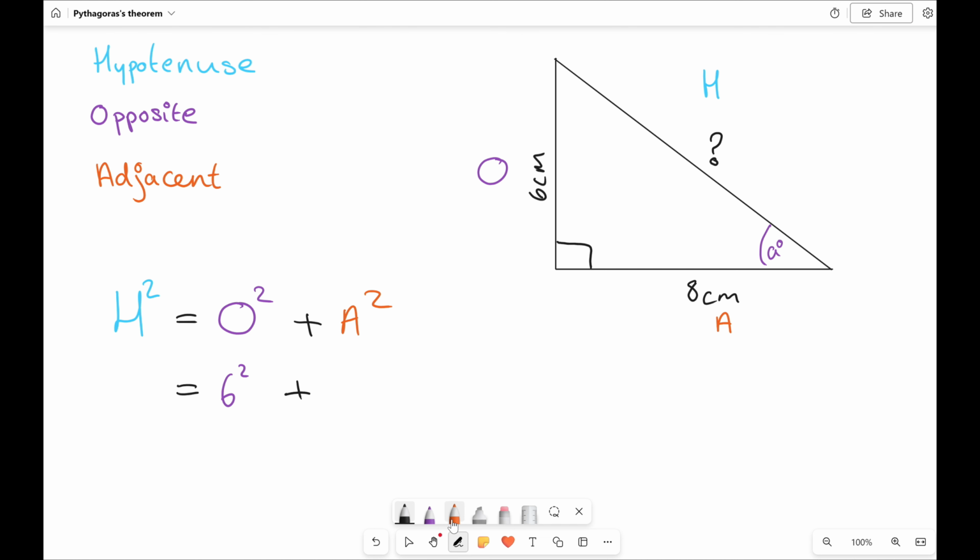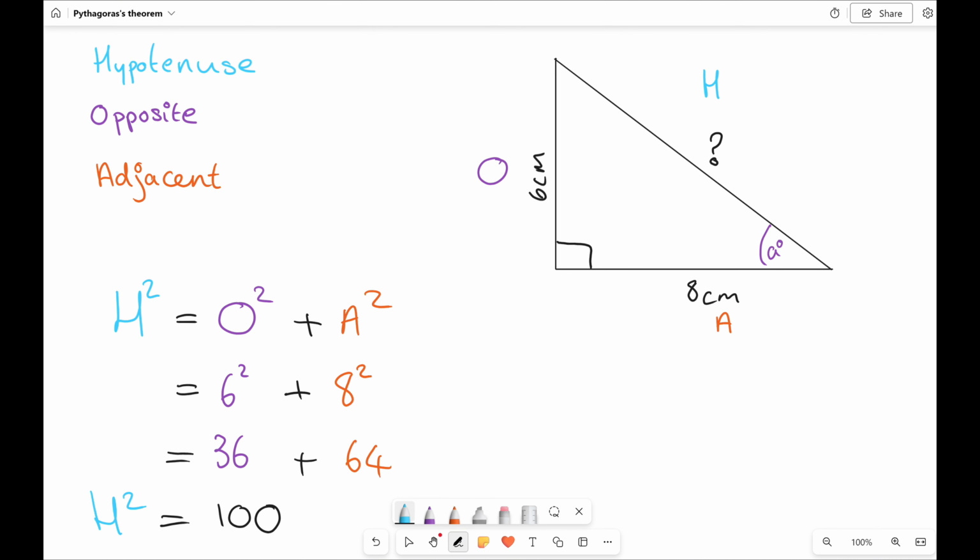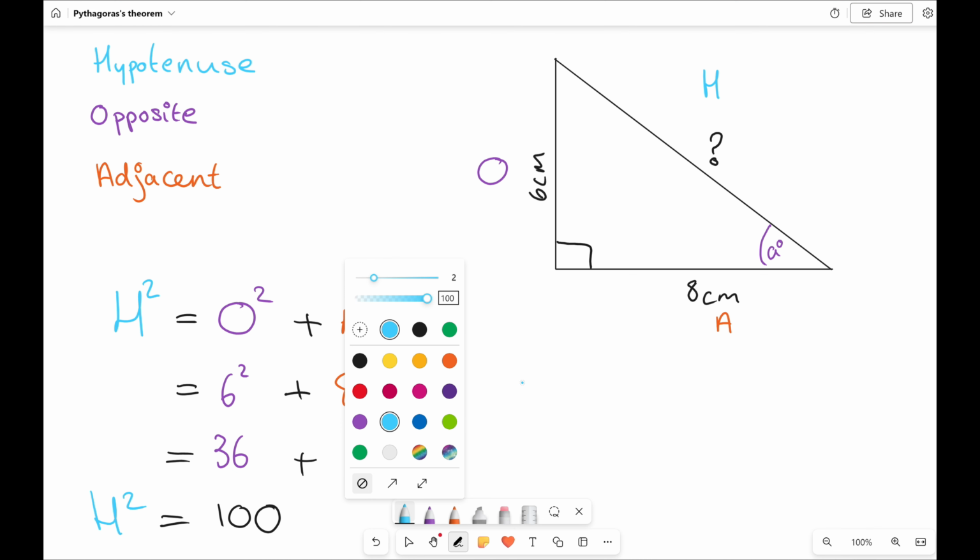So yeah, we've got plus, and then we've got 8 squared. Yeah? So then we know that 6 squared is 36, and 8 squared is 64. 36 plus 64 is 100. So h squared, which I'm going to put in here, h squared is equal to 100, yeah? So now we're going to come over to here, we're going to have h squared.